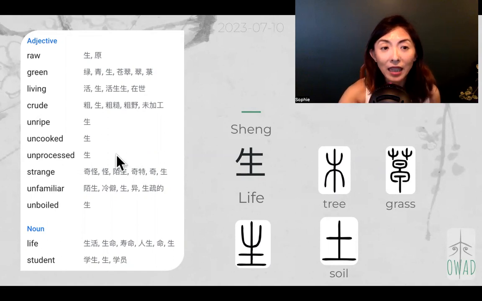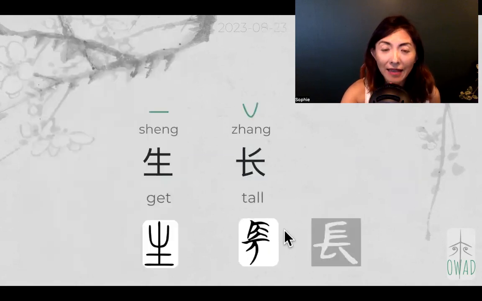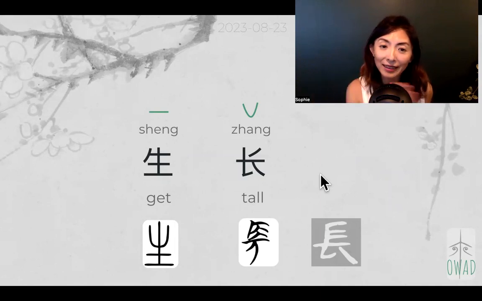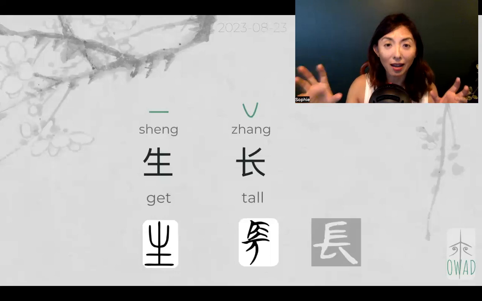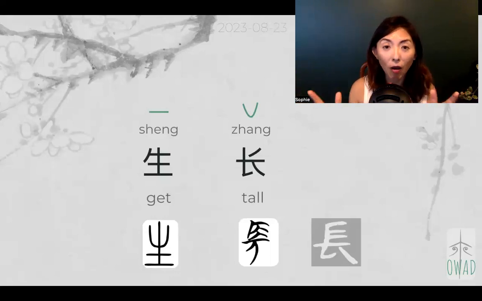And then we can see Google Translate has all kinds of meanings derived from this original meaning of life. And today we explore 生长. 生长 means grow. And Chinese makes the concept of grow by pairing this life image to 长, which means tall or long.